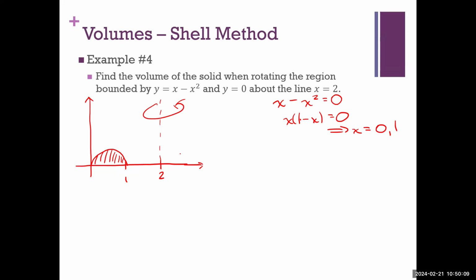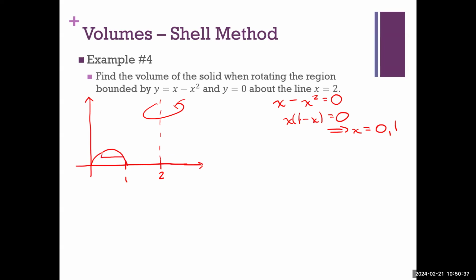All right, so do we have a choice? What would we rather do? Disc or shells? Why shells? Because what's vertical? The axis is vertical. Finding horizontal rectangles will be very difficult. I think that's the thing that really is going to make this hard.